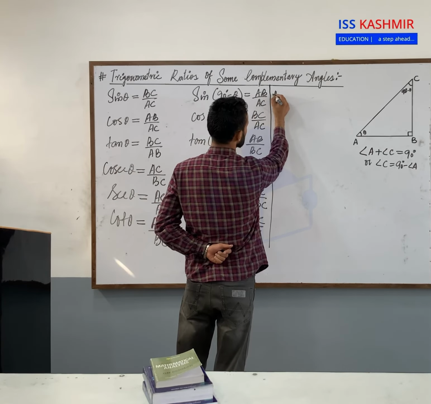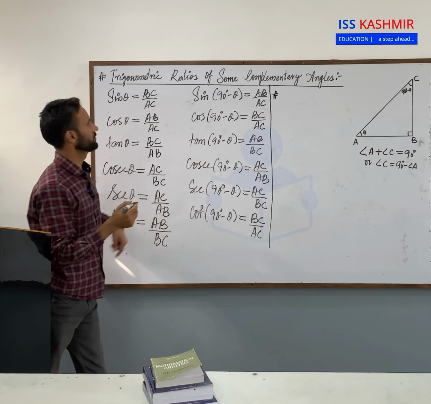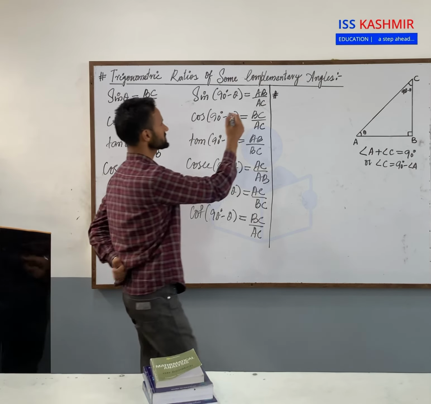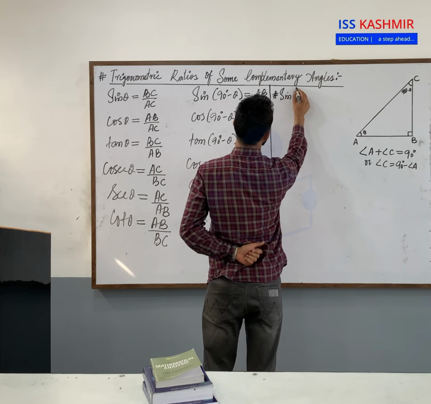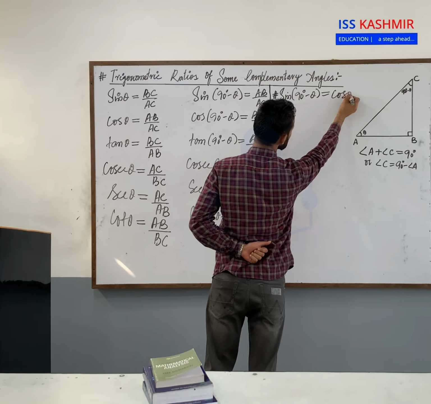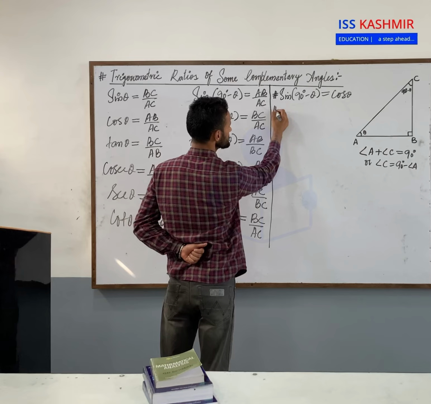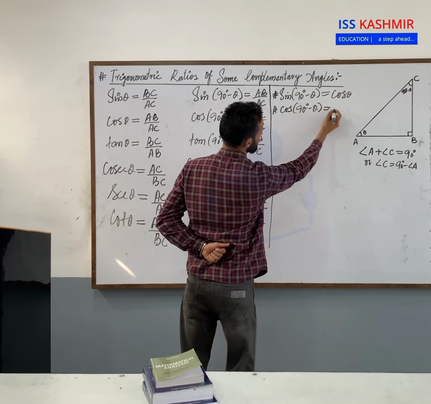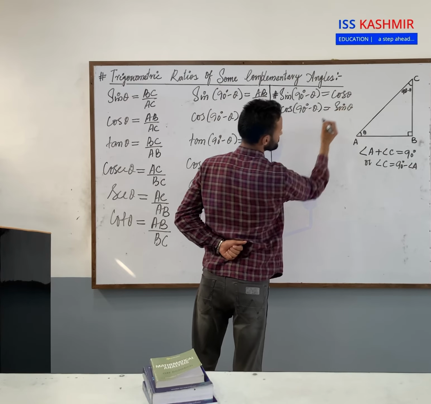So, we get the trigonometric ratios in the form of complementary angles. The first one is sine of 90 minus theta, that is equal to cos of theta. The second one is cos of 90 minus theta, that is equal to sine of theta.